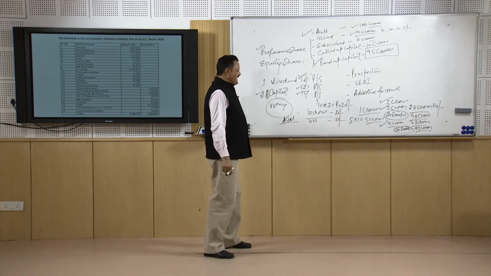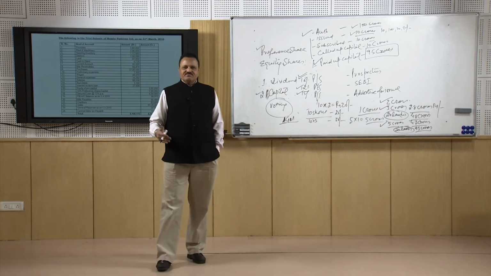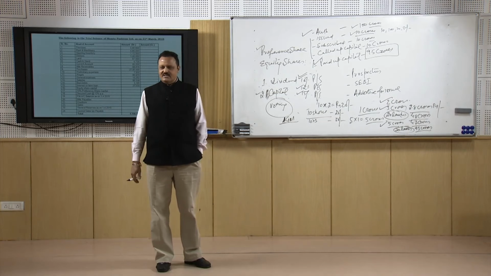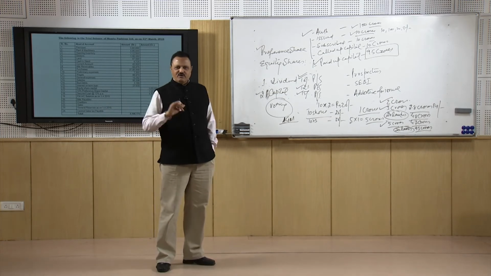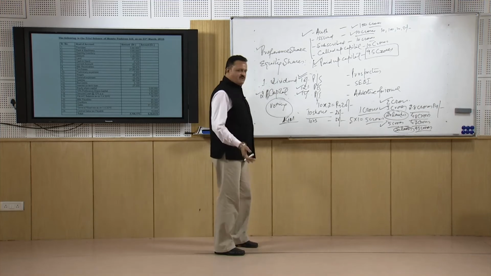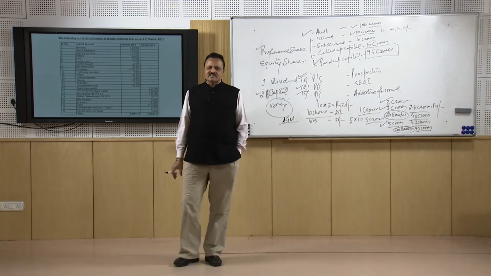Now for example, in that case the management of the company has decided that they want to diversify the business of the company into a new and different direction, and they want to take up new projects. Some of the shareholders are in favor of taking up those projects and some of the shareholders are against.